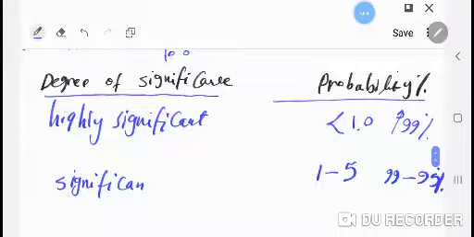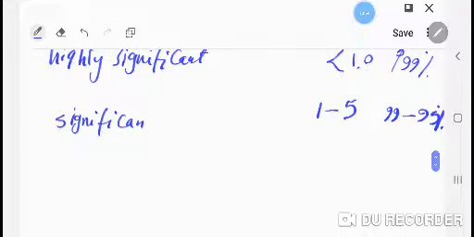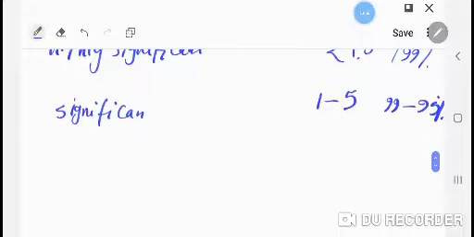This can tell about significance in statistics.